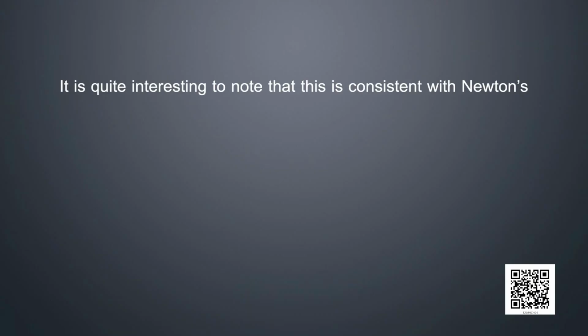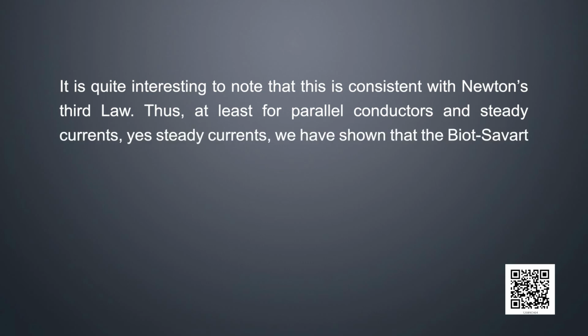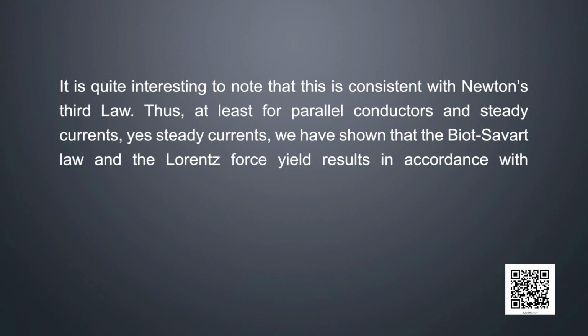It is quite interesting to note that this is consistent with Newton's third law. Thus, at least for parallel conductors and steady currents, we have shown that Biot-Savart law and the Lorentz force yield results in accordance with Newton's third law.